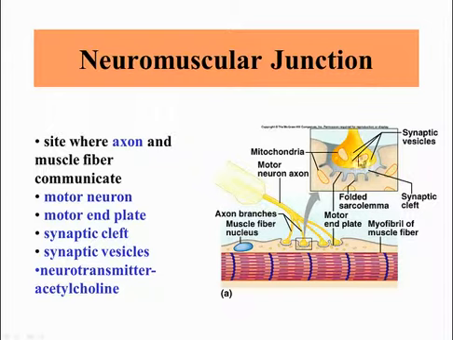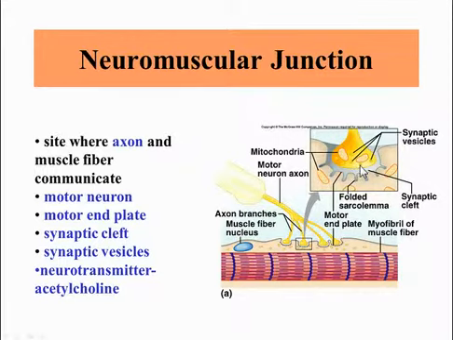In that synaptic knob, you're going to have what are called synaptic vesicles. The synaptic vesicles are going to hold what is called a neurotransmitter. A neurotransmitter is a chemical, and that chemical will cause something to happen.